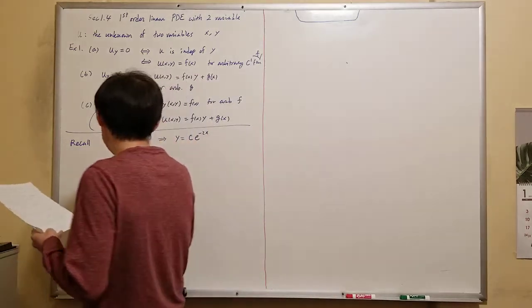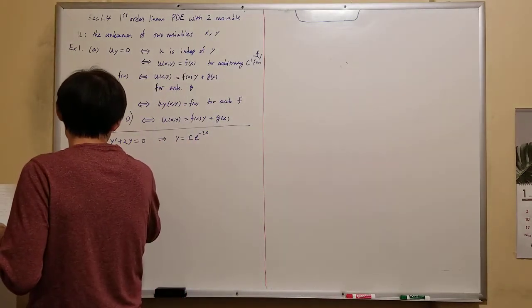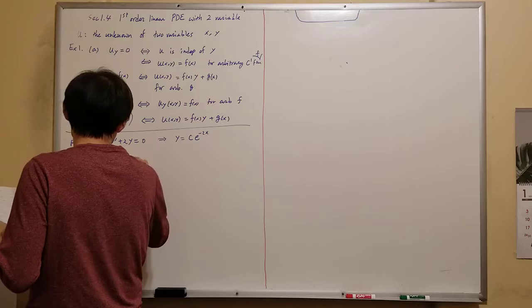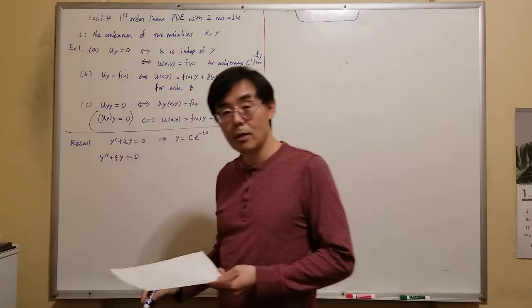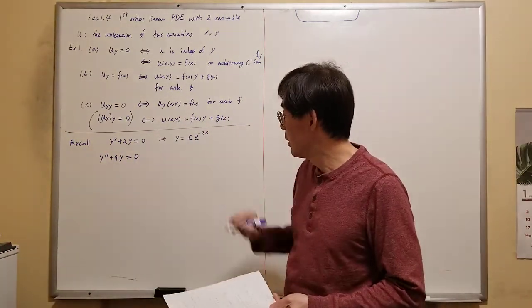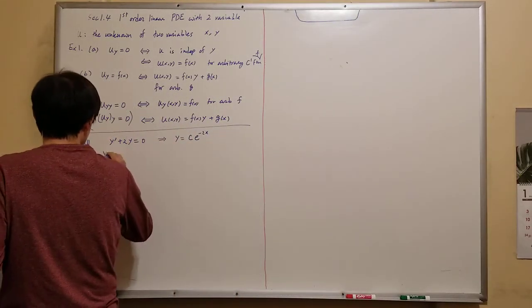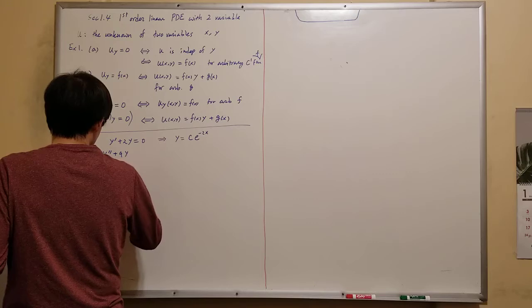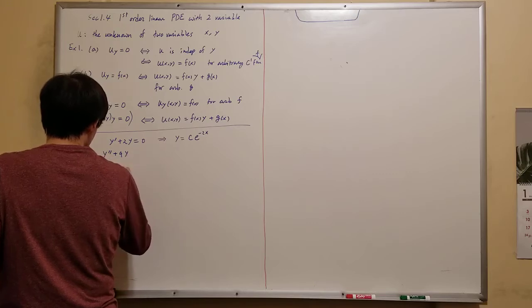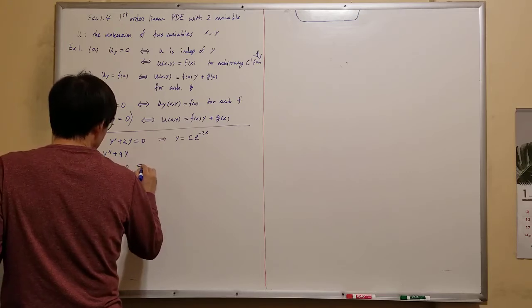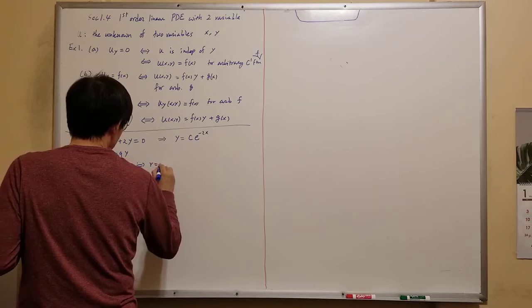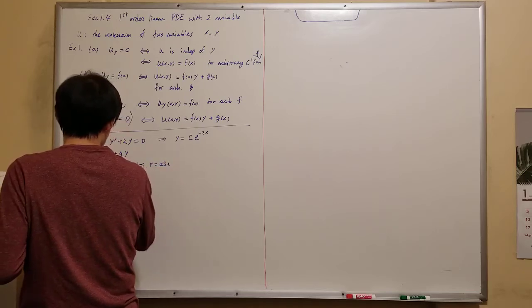Now, if you have y double prime plus 9y equals 0, a linear, second order ODE, then what do you do? You consider the characteristic equation. r should be plus or minus 3i.